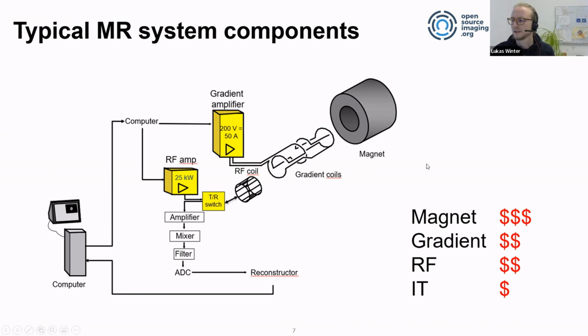If you look at the component costs, the magnet is the most expensive, gradient and RF follow, and IT is typically more affordable. So the strategy is, if you can somehow remove this magnet and make it cheaper, the rest gets cheaper, and maybe shift a lot into the IT domain to make the systems more affordable.